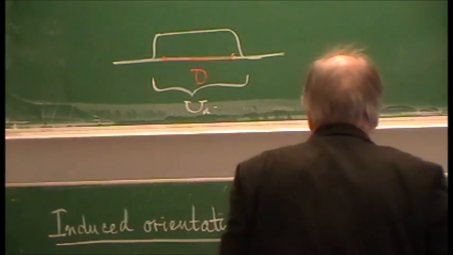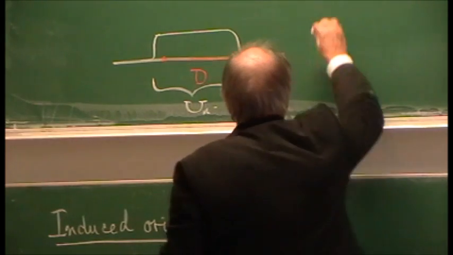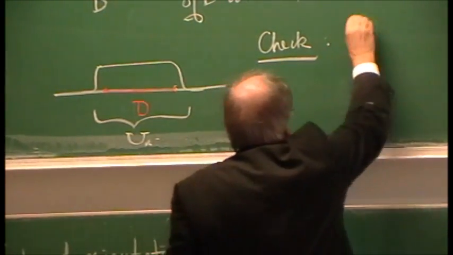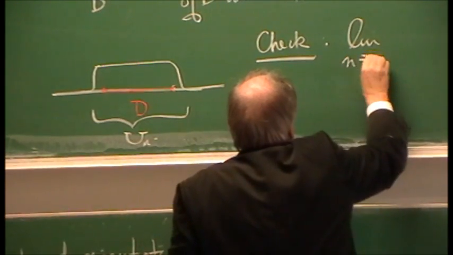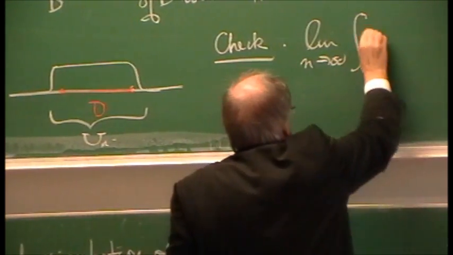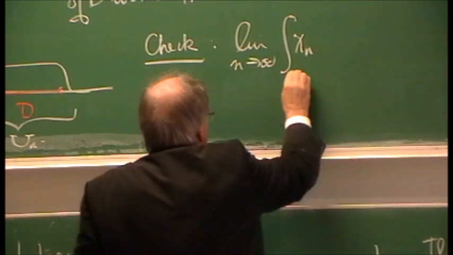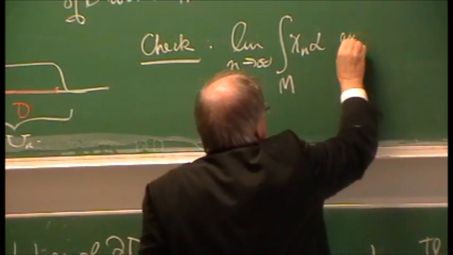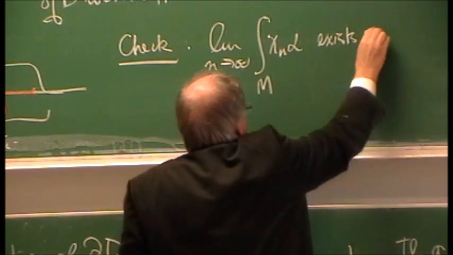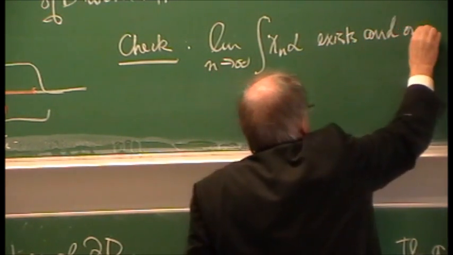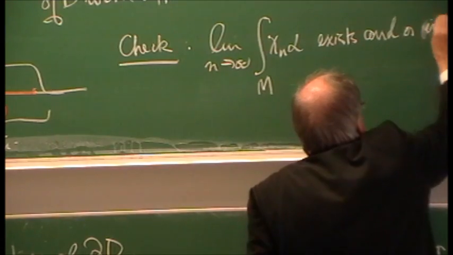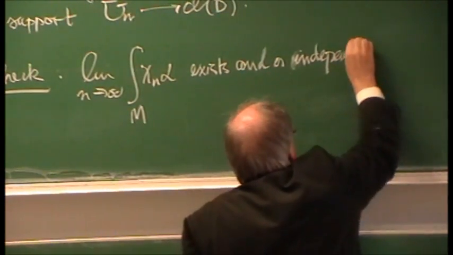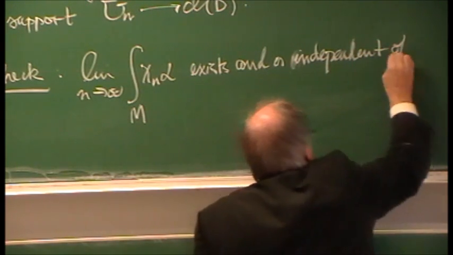But it's very easy to check that the limit as n goes to infinity of the integral over M of chi n alpha exists and is independent of the choice of chi n.